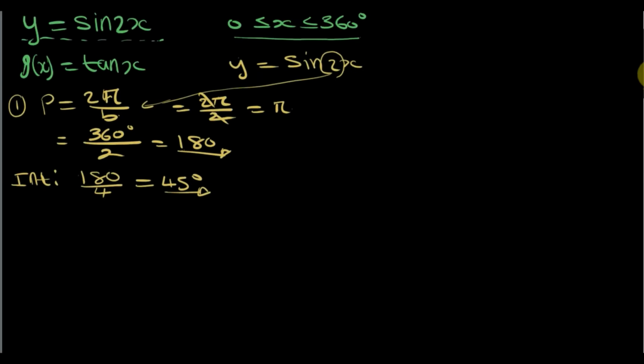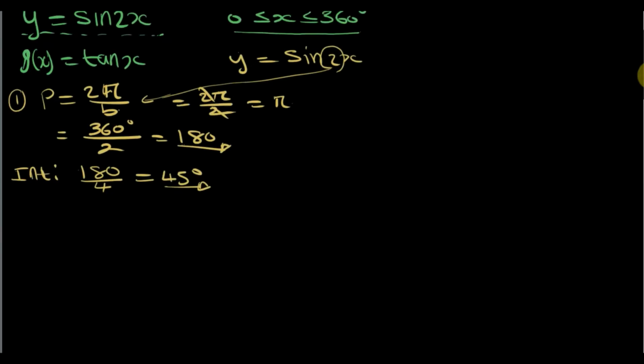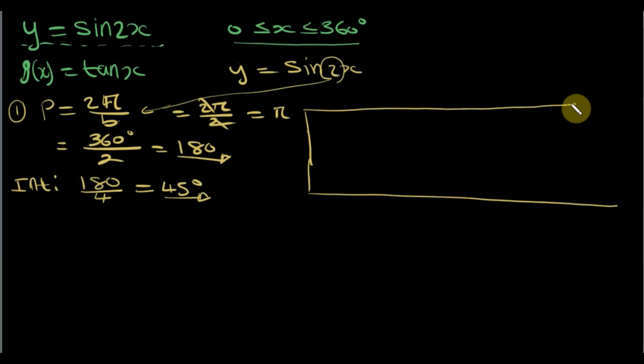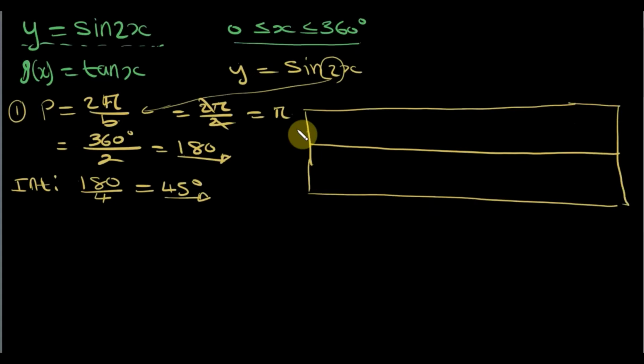So at this point, let's create ourselves a table. This is where we'll have our x values, and in here we'll have our y values, sine 2x.